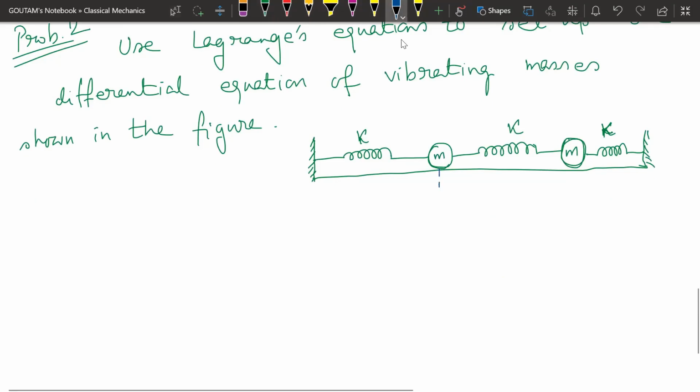So let's say this is the equilibrium position of the first mass, and this is the equilibrium position of the second mass. When it is oscillating, at some moment its displacement from the equilibrium position is x1 at time t, and the displacement of the second mass is x2 at that time.